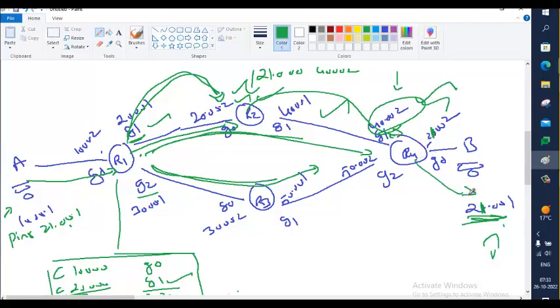Okay, so now this is what is called a static route, which is not possible to use if the network is too large. Why? When the network is too big, we should know the complete topology thoroughly.